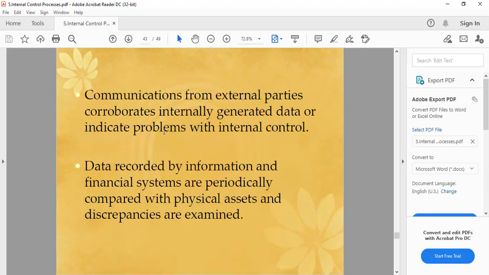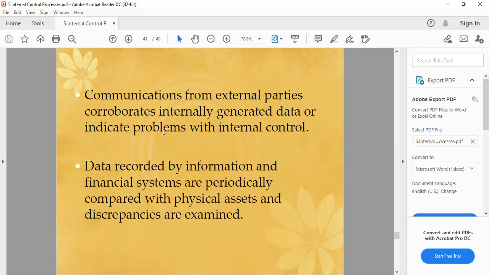For communications coming from external parties, they corroborate internally generated data or indicate problems with internal control. For audit purposes, normally there would be some external parties who will be providing critical and important information to us, just like, for example, the cash in bank balance coming from the banks in the form of a bank statement, and we can confirm from such banks about the balances, also with the preparation of the bank reconciliation statement, for example, and the proof of cash to date.